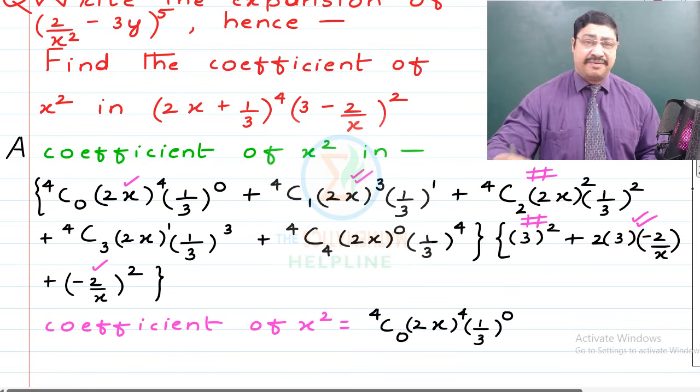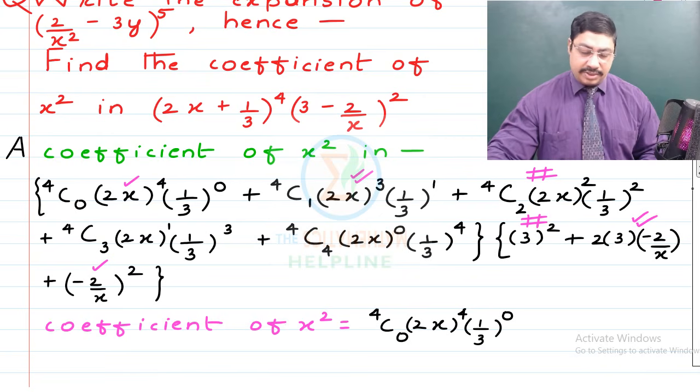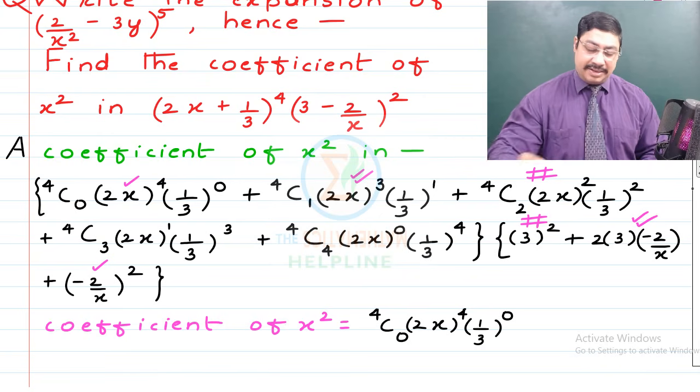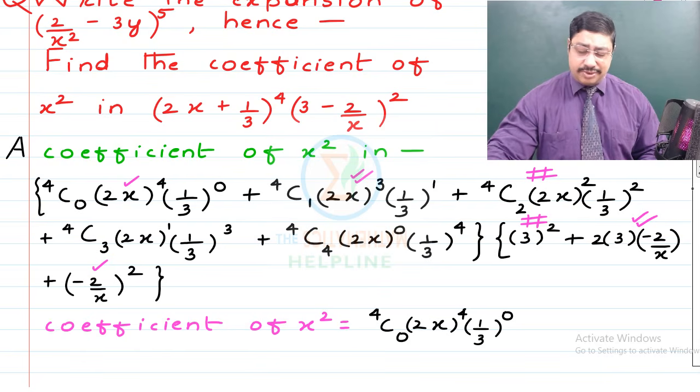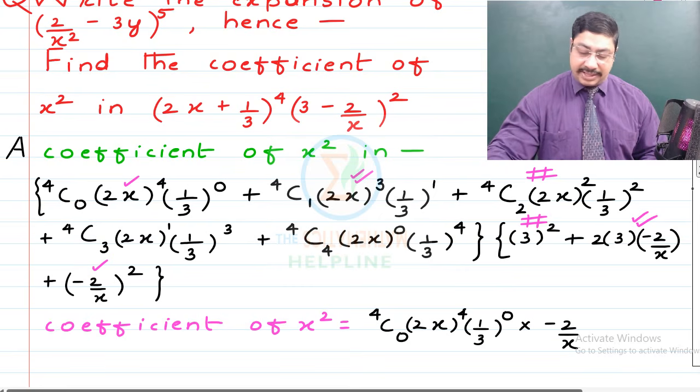Don't worry, we'll simplify in the next step, right? Okay, so when this is multiplied with what? When it is multiplied with this term which had a single tick, then we get x squared in the numerator. So we have this multiplied with minus 2 upon x, which is raised to the power 2.